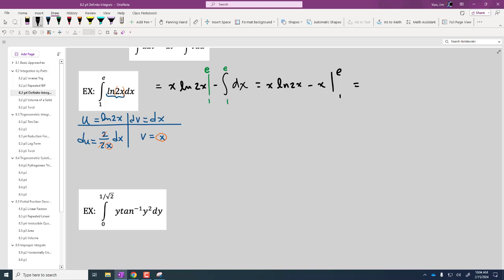So plugging in e, we're going to get e natural log of 2e minus e. And then we subtract off the antiderivative at 1, so that's going to be 1 times natural log of 2, and we're subtracting. So natural log of 2, and then we're subtracting a negative, so it's going to be plus 1.